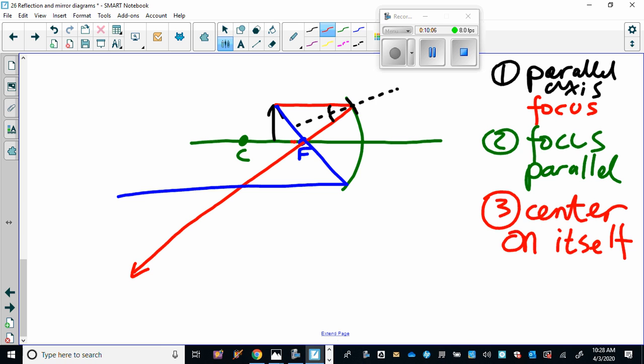So let's see it in black. First, let's extend this a little bit. If it goes through the center, this is going to be kind of tragic. It reflects on, oh my gosh, that is really tragically bad, but I can live with it. So if it's hitting the mirror here at a 90-degree angle, it just reflects on itself.